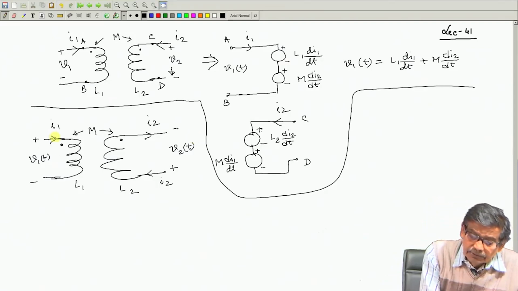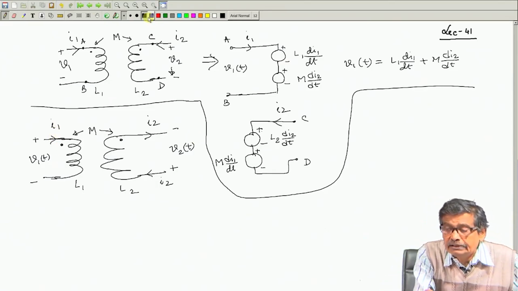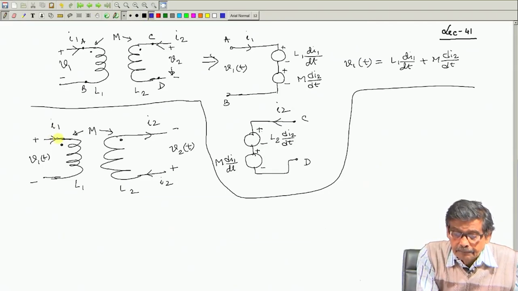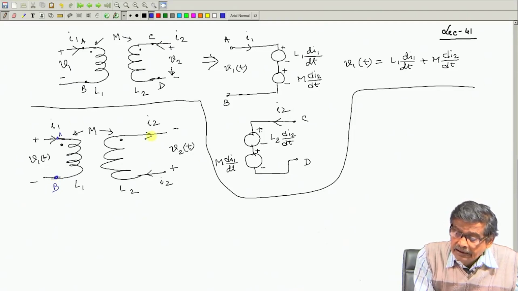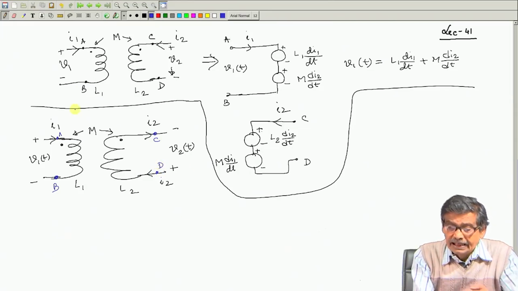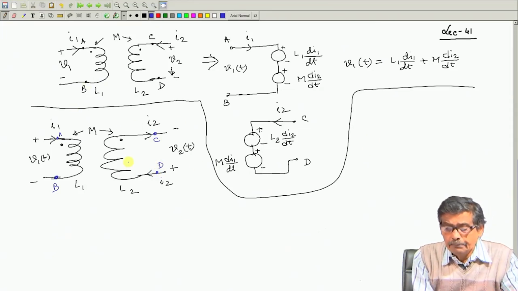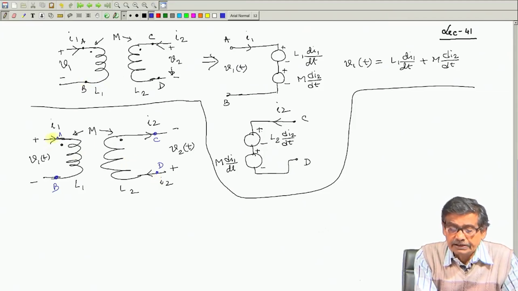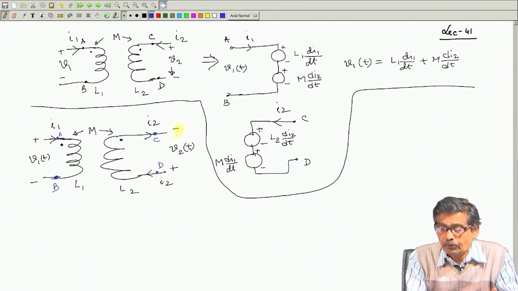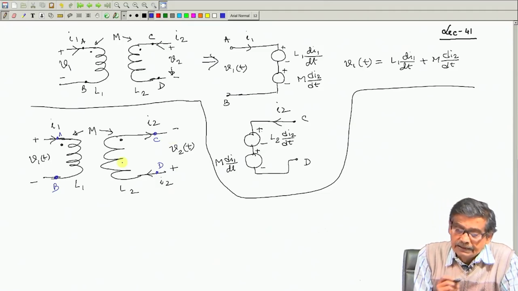So in this case, suppose this is A, this is B, this is C, and this is D. It is another example of the same mutually coupled coils, but somebody has assumed current directions and voltage polarities this way.